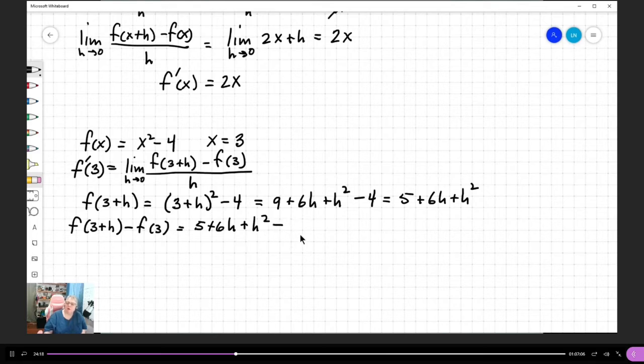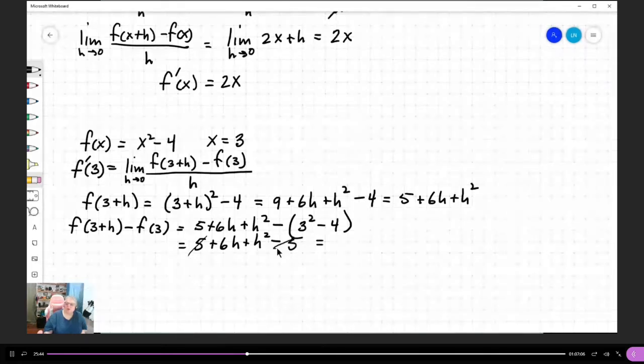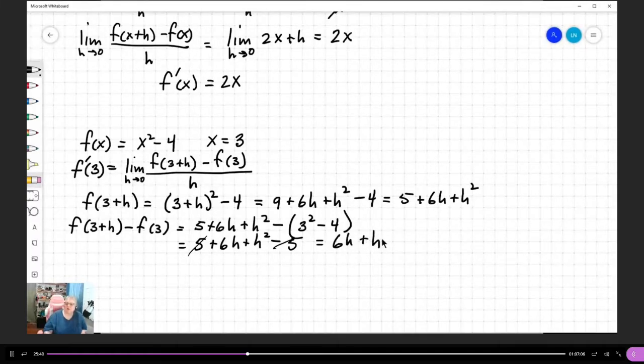F of 3 is going to be 3 squared minus 4. So what do I have here? 9 minus 4 is 5. So that becomes minus 5. Then I have a plus 5 and a minus 5, so that's 0. So I'm left with 6h plus h squared.